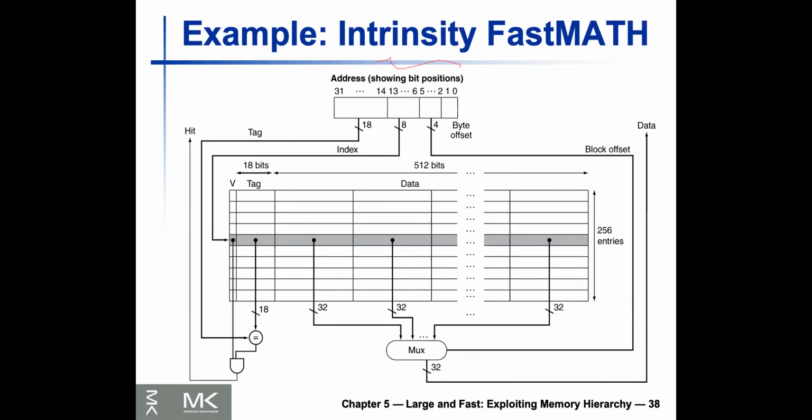Instead of 64, it had 32, right? And in order to optimize the way they were accessing their cache, they were using some multiplexers, okay? So the tag field is 18 bits wide, and the index field is 8 bits.